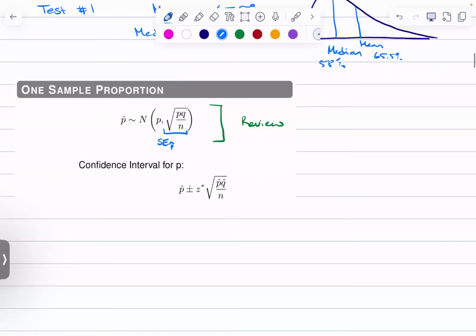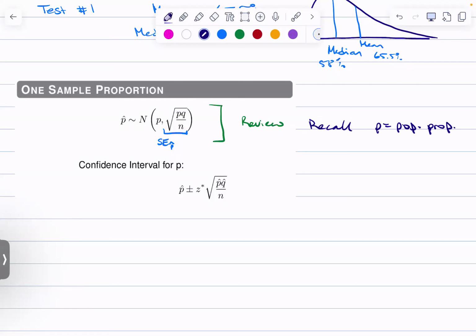Now, with that, right, from this normal distribution, P, Q, you might remember that P is the population proportion, right? And so here, recall, P is the population proportion, which we're not going to have, right?